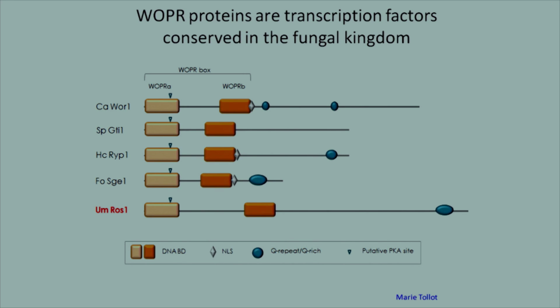And it was also clear from their presentation that Ustilago maydis had two such WOPR proteins. So we wanted to know whether any of these regulators, transcription factors, might be involved in effector gene regulation.